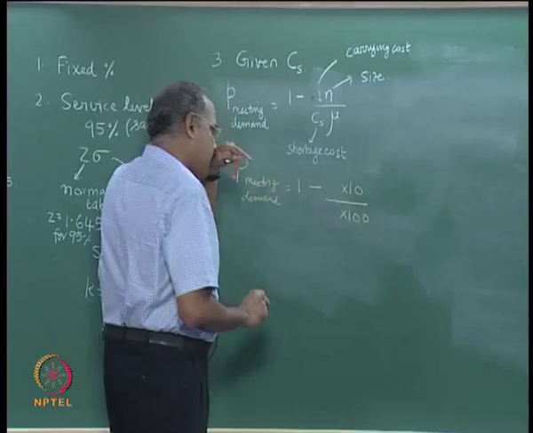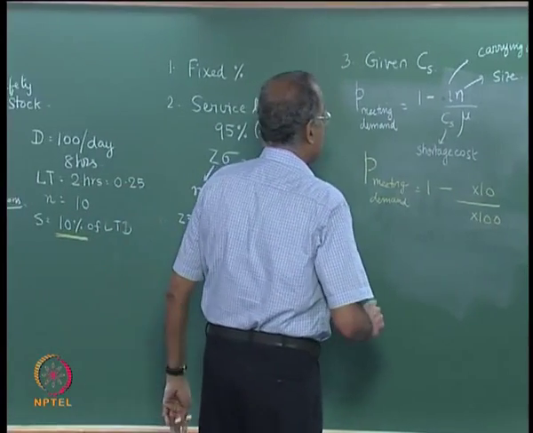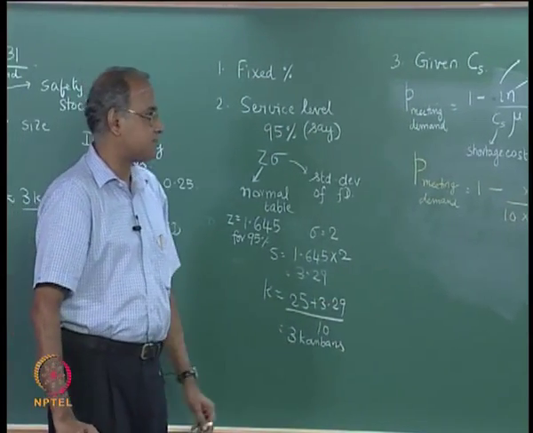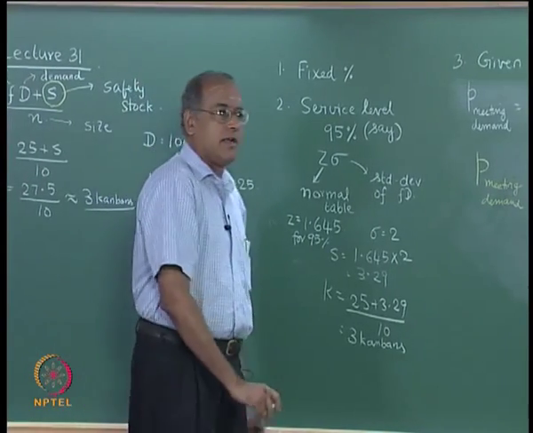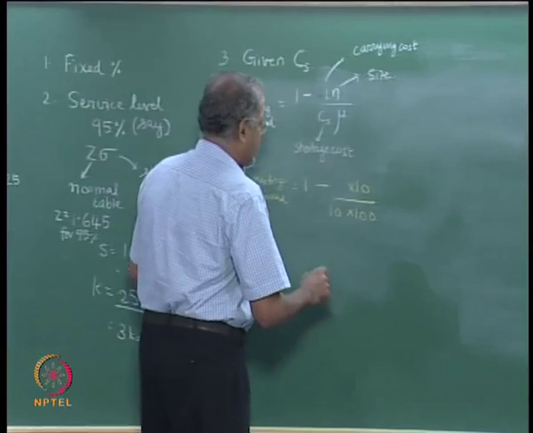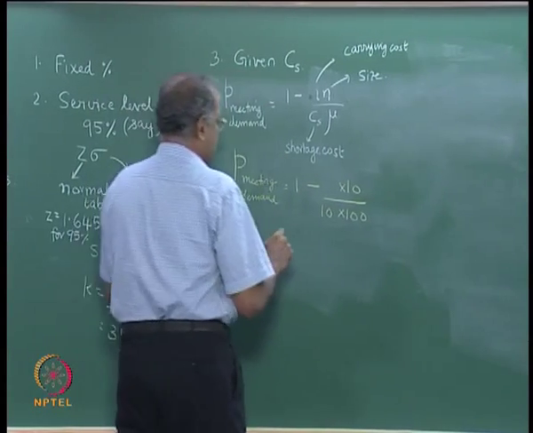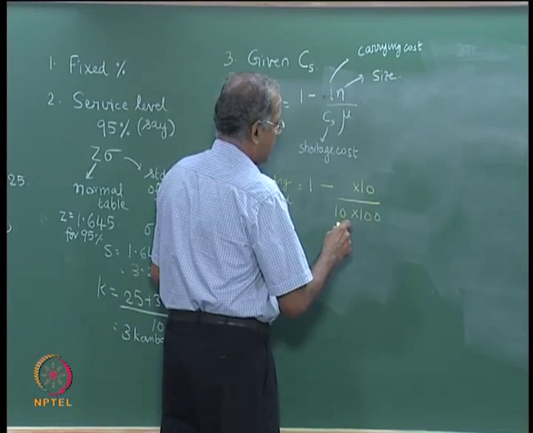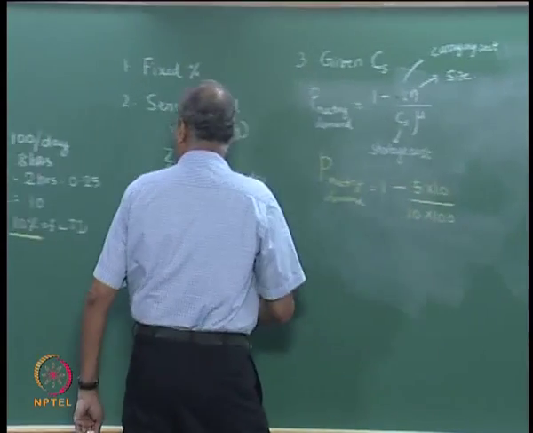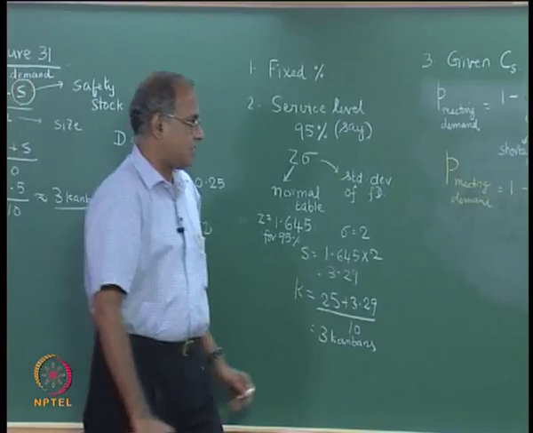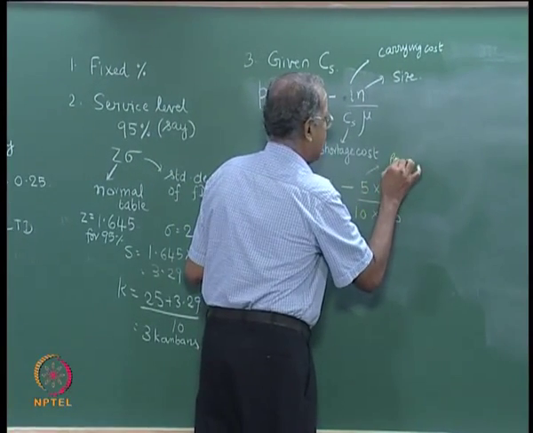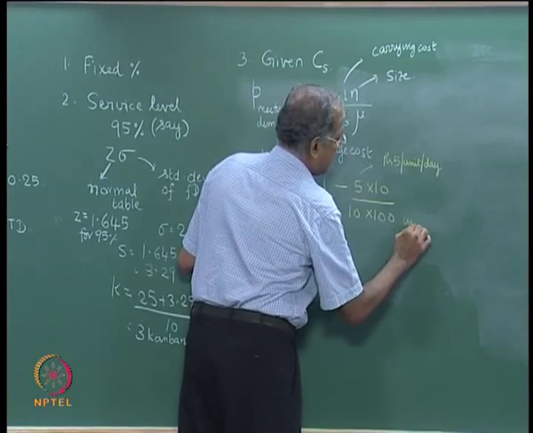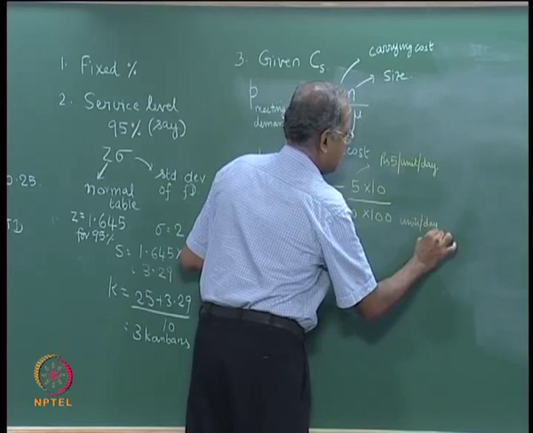Cs is 10, and say the inventory holding cost is rupees 5 per unit per day.